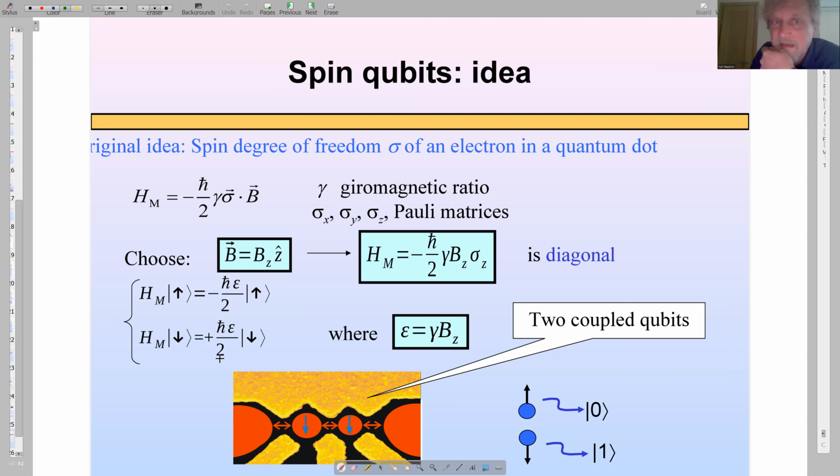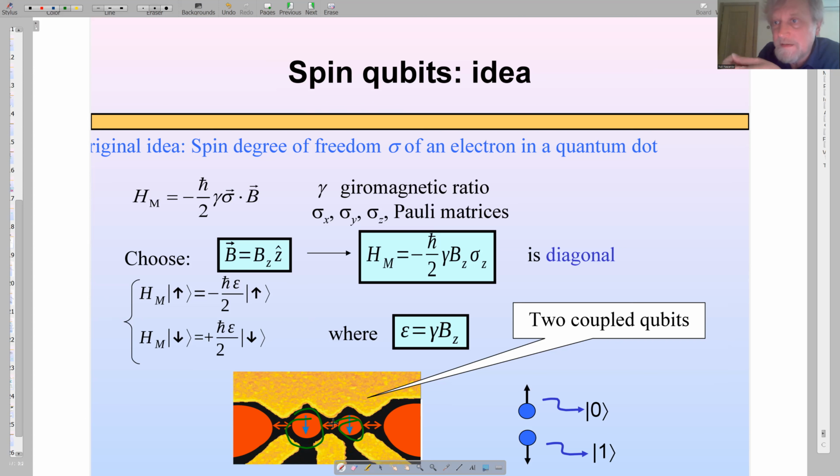Each electron is a natural qubit. Right. What one could do with this, one could just put single electrons, one electron in each dot, and manipulate their spin.